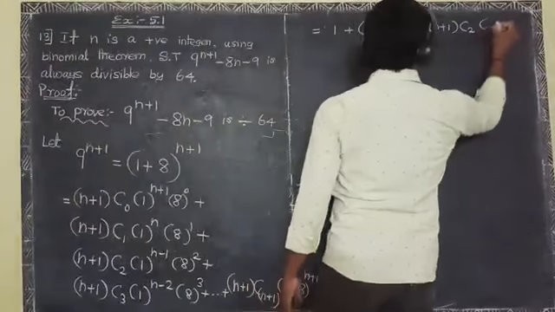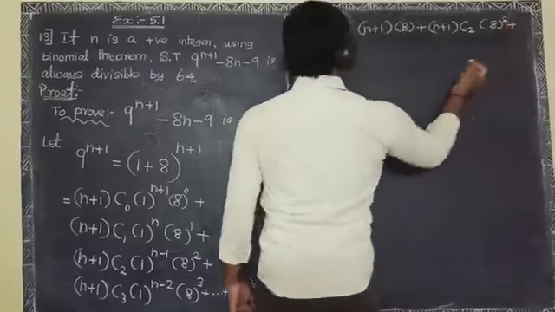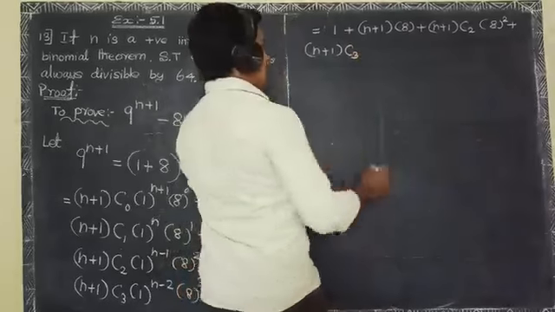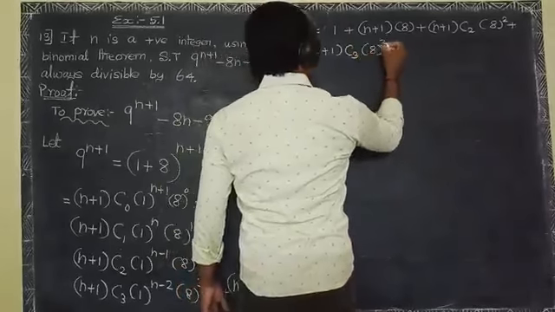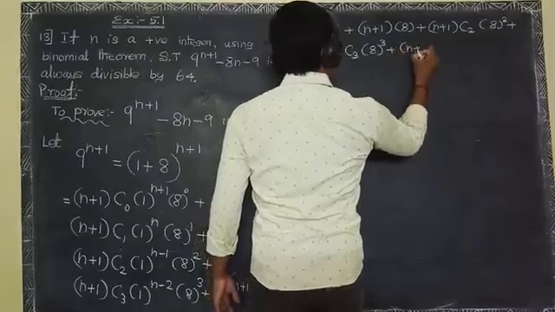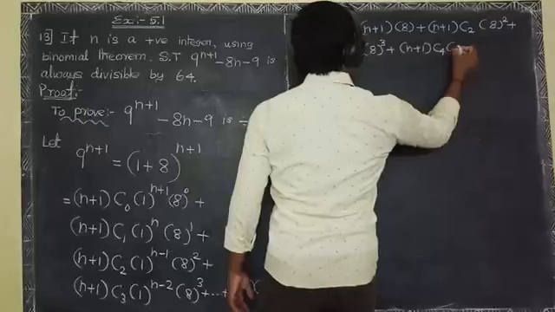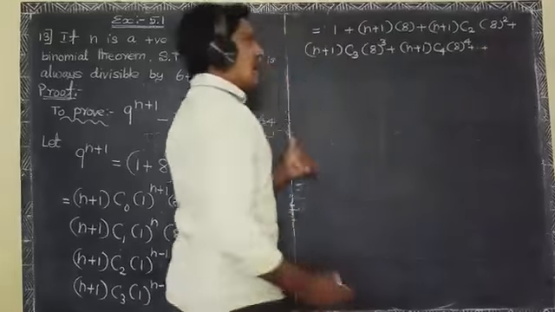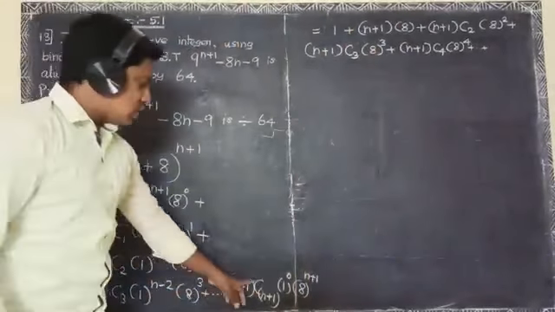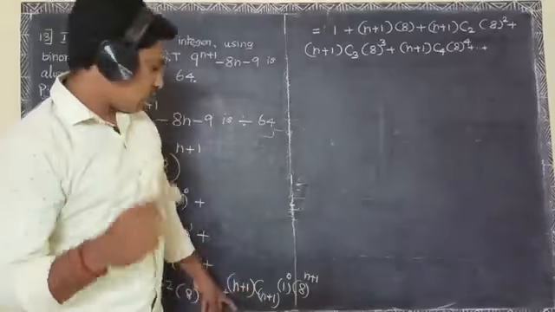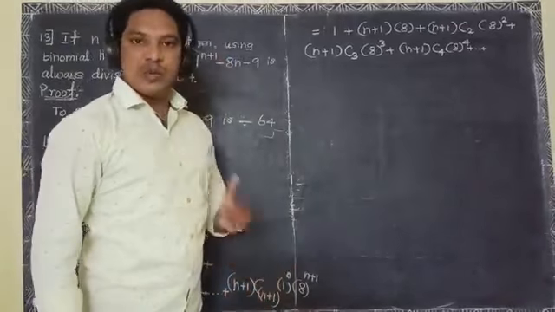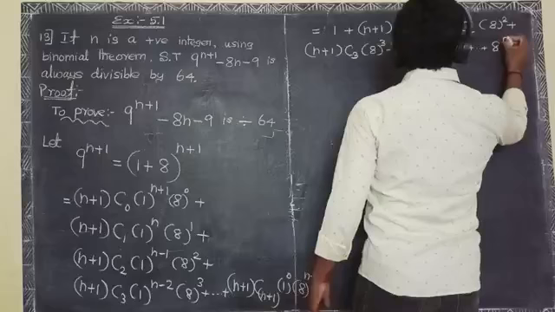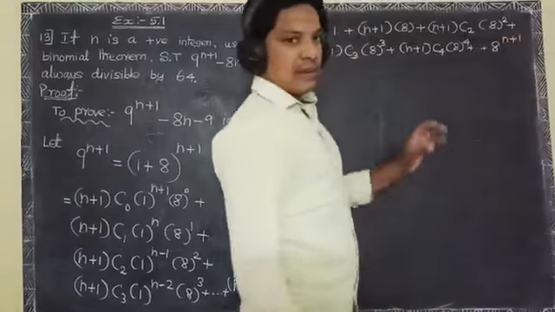Then n plus 1 c3 8 power 3, plus n plus 1 c4 8 power 4, and so on. Then the last term n plus 1 c n plus 1 is 1, 1 power 0 is 1, and the remaining 8 power n plus 1.